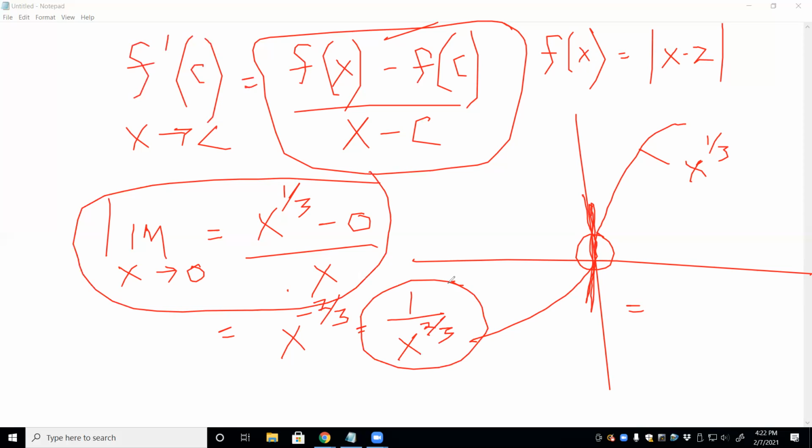Only at 0 does this thing go to infinity. So since its limit is infinite, it means the slope of the tangent line has to be vertical.